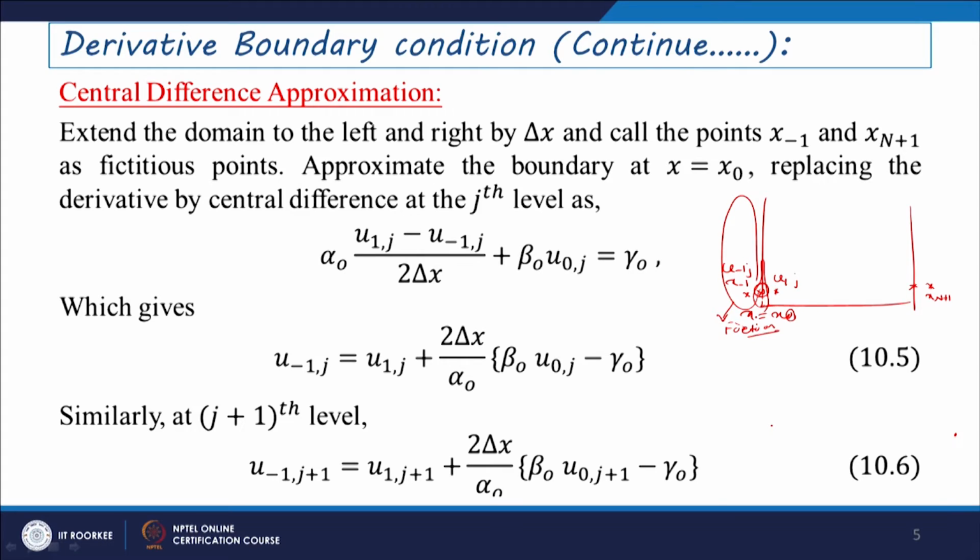We can write u_(-1)^j equals u_1^j plus 2 delta x by alpha_0 times (beta_0 u_0^j minus gamma_0) here.